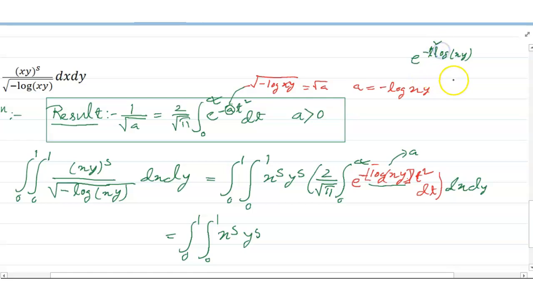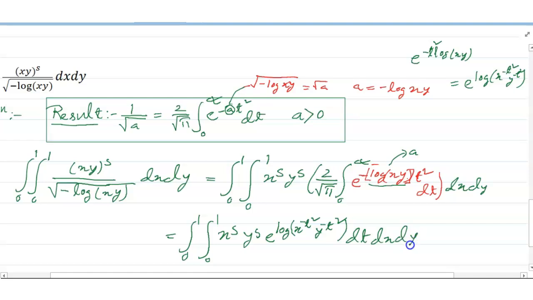It can be written as e to the power log of x to the power minus t square and y to the power minus t square, dt dx dy.